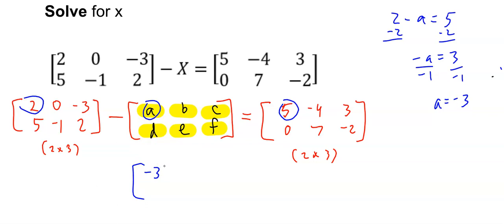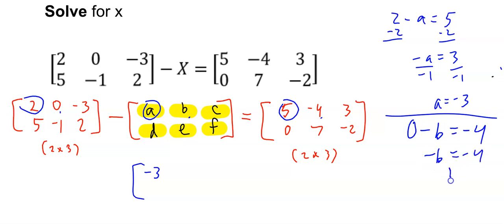And again, you can just keep setting up more equations. So for the next equation, it would be 0 minus b equals -4. So negative b equals -4. So b equals 4. So that one is 4. And let's try to do some of these in our head.